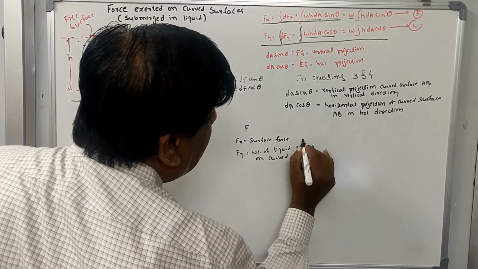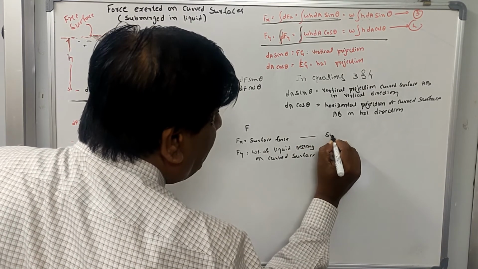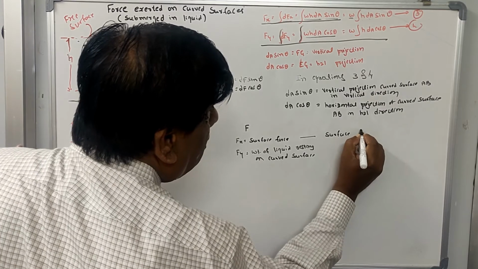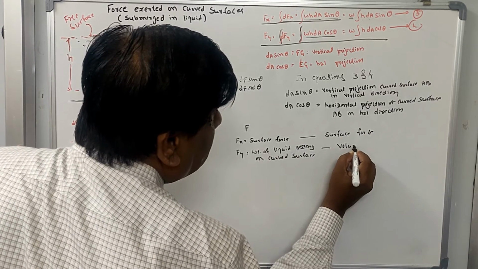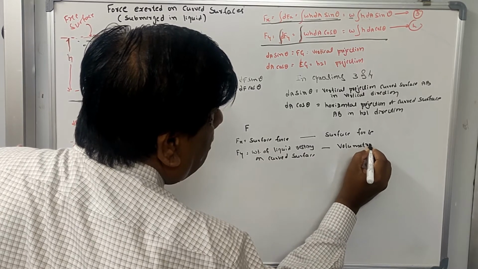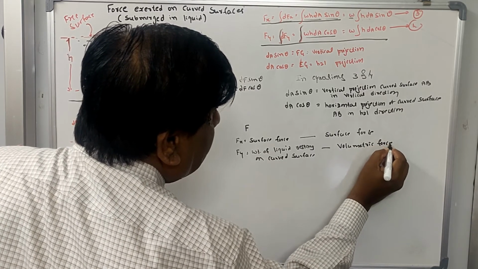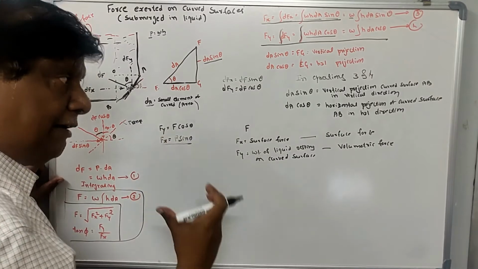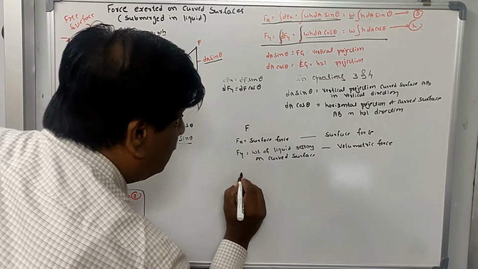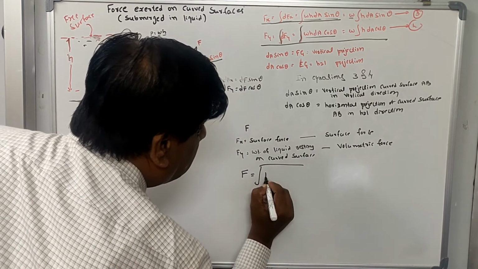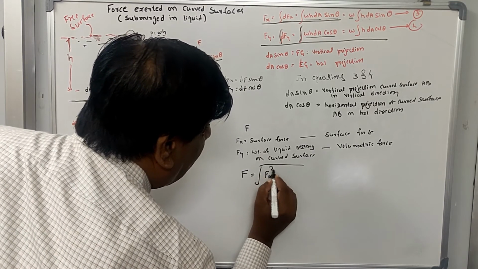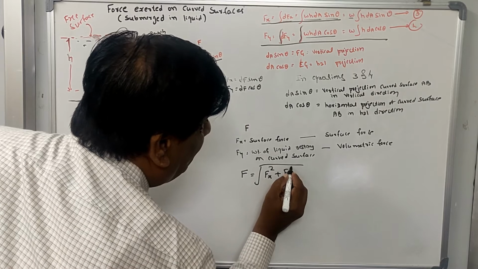Fx is the surface force, and Fy is the volumetric force or self weight of the fluid resting on the curved surface, and the total force F is equal to the square root of Fx square plus Fy square.